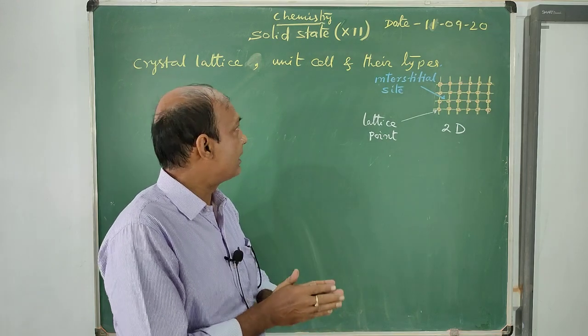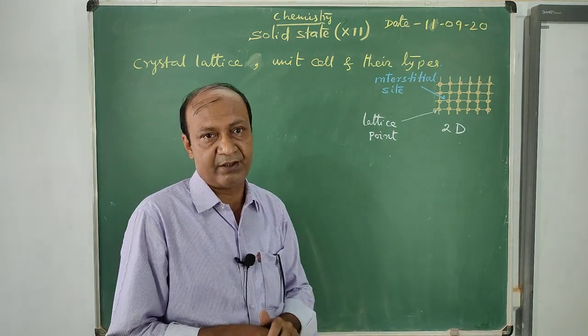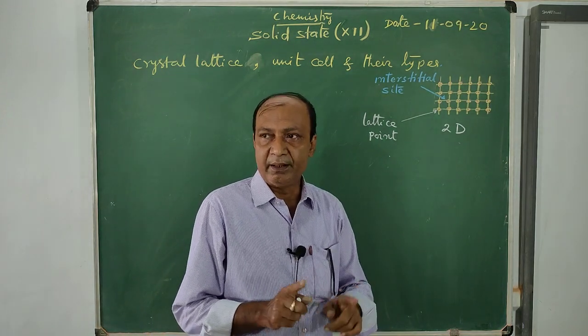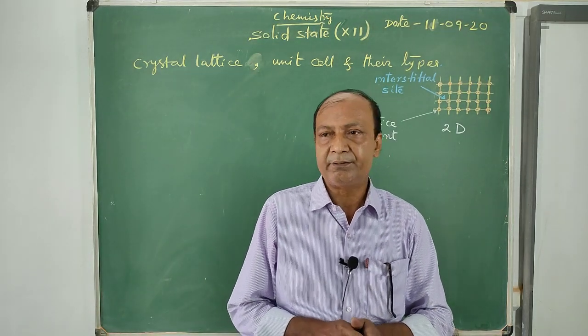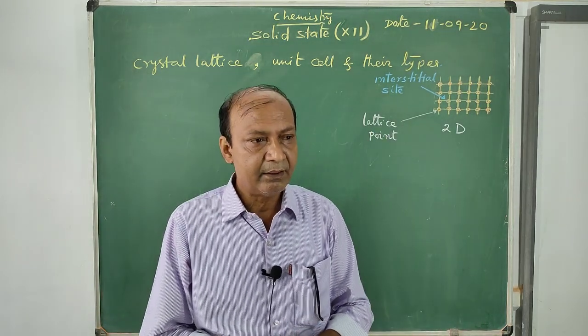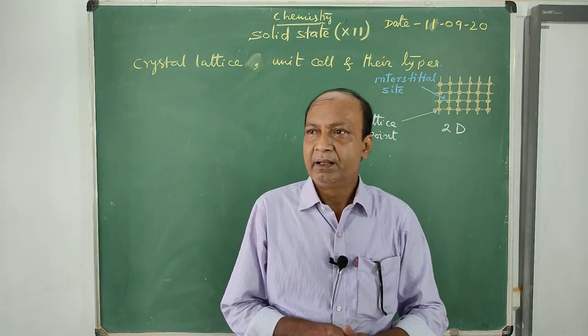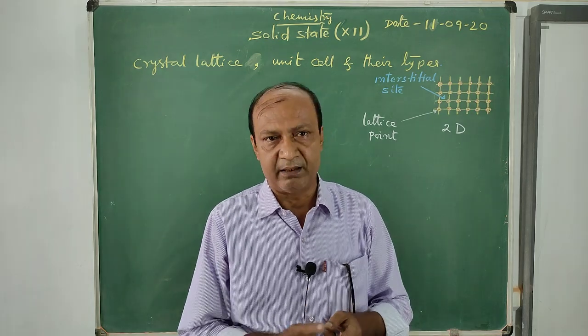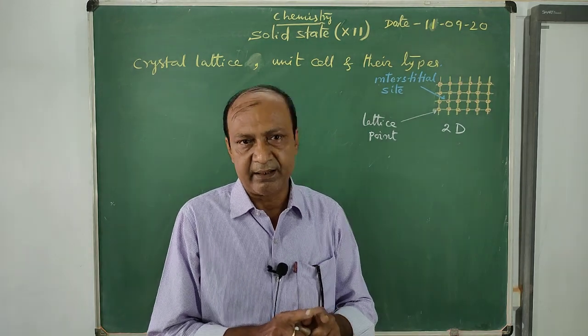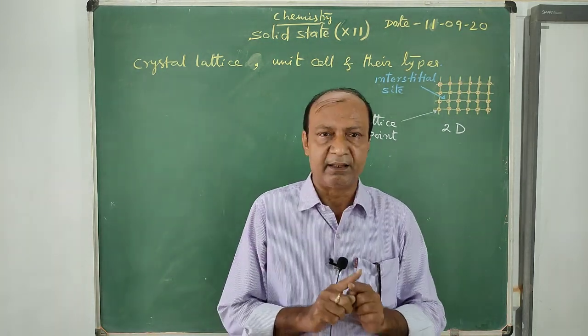Unit cells are first characterized on the basis of length, breadth and height, because it is 3-dimensional. And another structural feature is their axis to axis angle, the axial angles or interaxial angles.